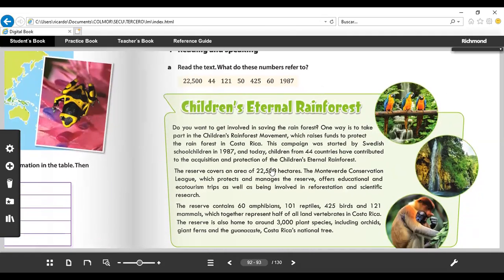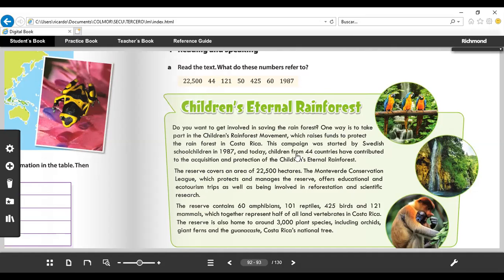Now here we go with the first one, and it says the reserve covers an area of 22,500 hectares. Okay, so what do these numbers refer to? To the size of the reserve area, 22,500 hectares. Okay, now the next one, 44, and where's the number 44?